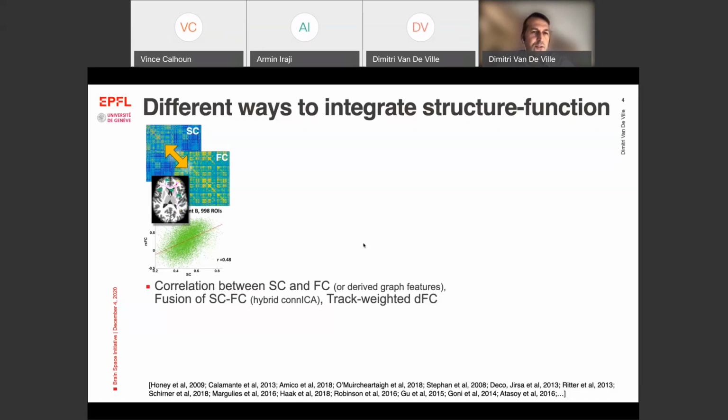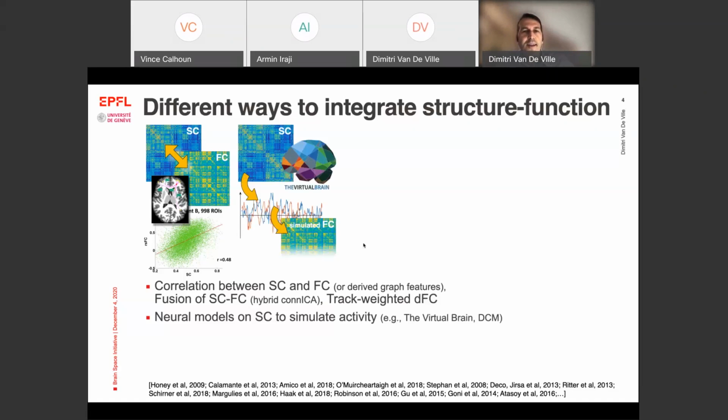There is, for instance, the fusion of analyzing jointly structural and functional connectivity. There is tract-weighted functional and dynamic functional connectivity. Or in a different category of techniques, we have seen a whole repertoire of neural models that are defined on a structural connectome and that can then be used to simulate activity, which can be compared against the empirical one.